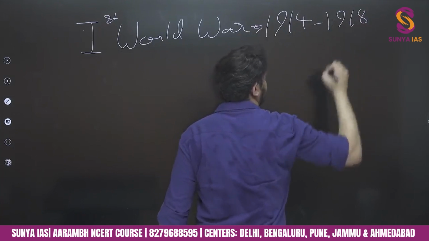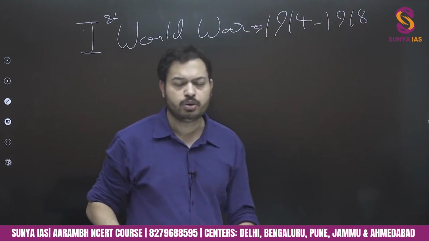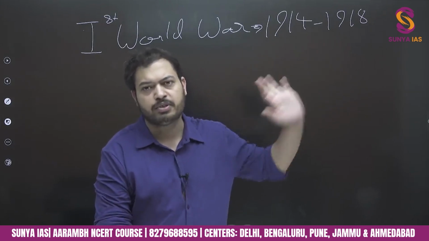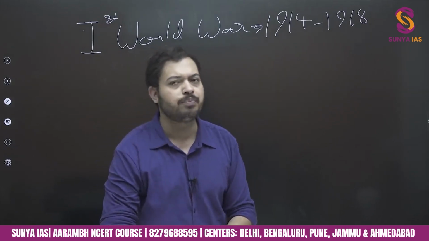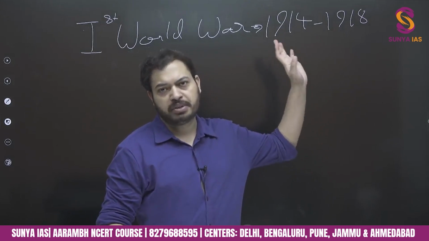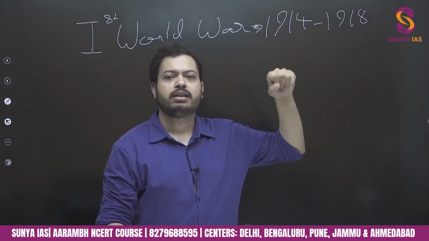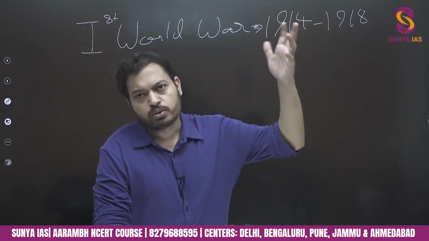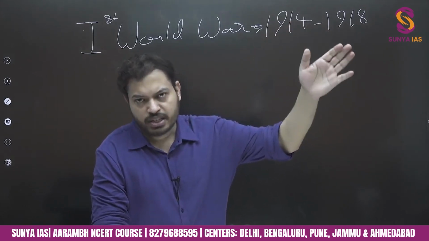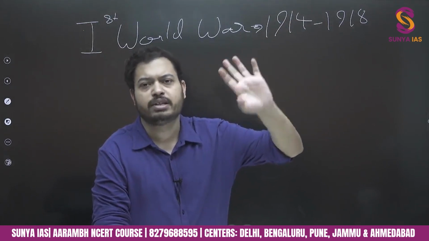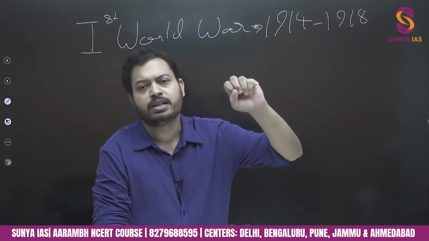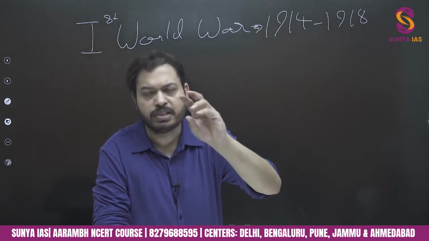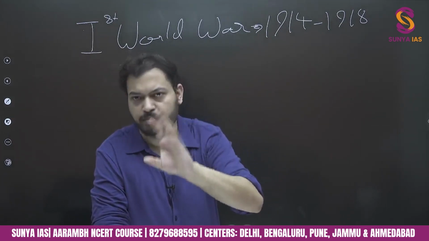For those students who are totally new and don't have any clue about history in detail, the First World War happened between 1914 and 1918. In this war, Britain, France, and Russia, and America also, were on the same side. Russia withdrew beforehand itself, and America joined this war very late. Britain and France won this war against Germany, Austria, and the Ottoman Empire.